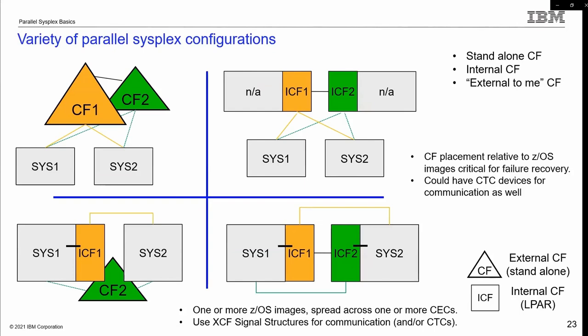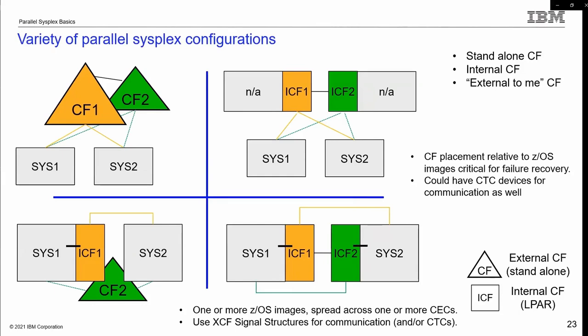So for the most highly available configuration, this is a good technique. It is more expensive, though, to do a standalone coupling facility, as you have to have separate CPC boxes dedicated for coupling facilities.